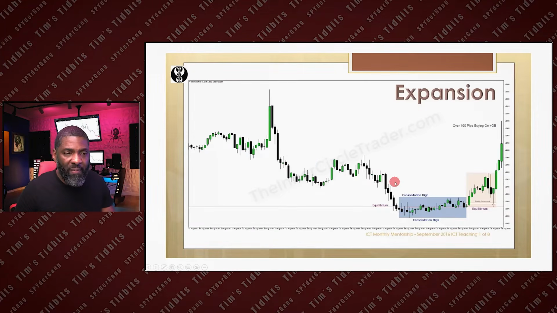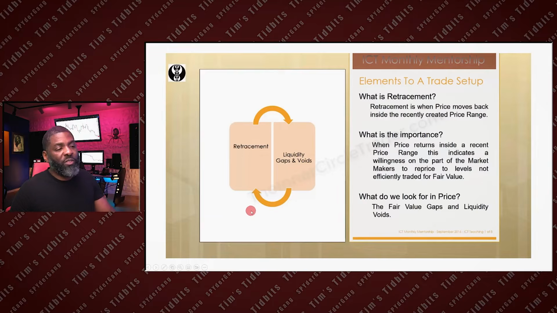Now, let's talk about retracement, right? Retracement is always linked to imbalances, right? Like liquidity voids, fair value gaps, imbalances. It's some kind of imbalance in price. The retracement is linked to that. Now, what is a retracement?